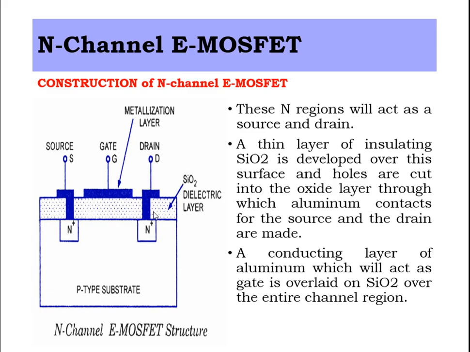Above this we have an SiO2 layer, and these two regions are connected with the help of a metal contact, and we have a gate material, again aluminum, placed on top of the SiO2 layer. So this is the construction of an N-channel eMOSFET.